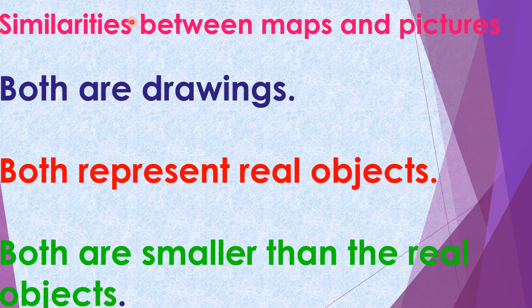When we are writing similarities, we use the word both. Everybody say both. So both, we are meaning a map and a picture. Both are drawings. Yes, both a map and a picture are drawings.